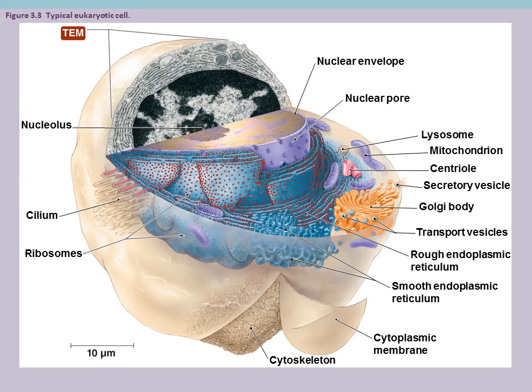You're also going to have another structure inside the nucleus known as the nucleolus. And then outside the nucleus, you're going to have other structures like ribosomes. You have these membrane-bound organelles such as the Golgi body, the endoplasmic reticulum, of which there's both the smooth and rough, and other vesicles. You do have the cytoplasmic membrane, just like you did with the prokaryotic cells. There may or may not be a cell wall, depending on what type of cell you're talking about.